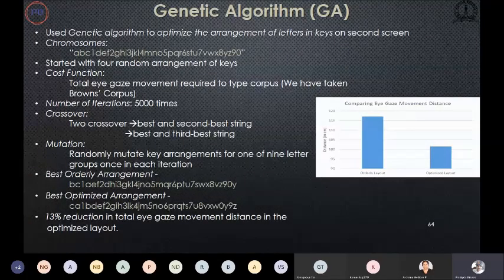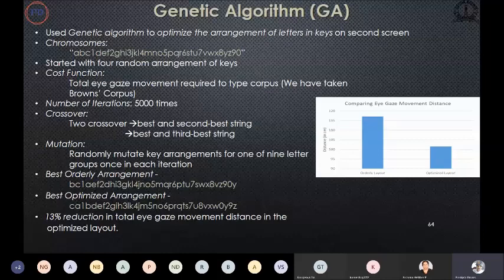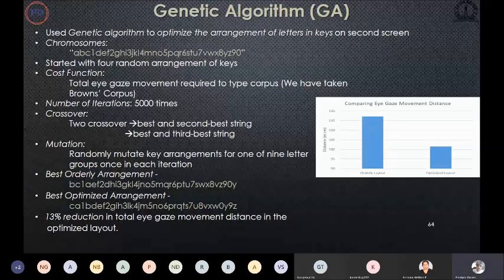So we follow exactly the same procedure here. We started with an orderly arrangement of chromosomes or keys, like on the first one ABC1, then DEF2, GHI. These 1, 2, 3 are actually these letters. So initially we started by putting the letters in sequential order. Our objective function was the total eye movement required to type a particular corpus. Here we used a particular file from Brown's corpus.